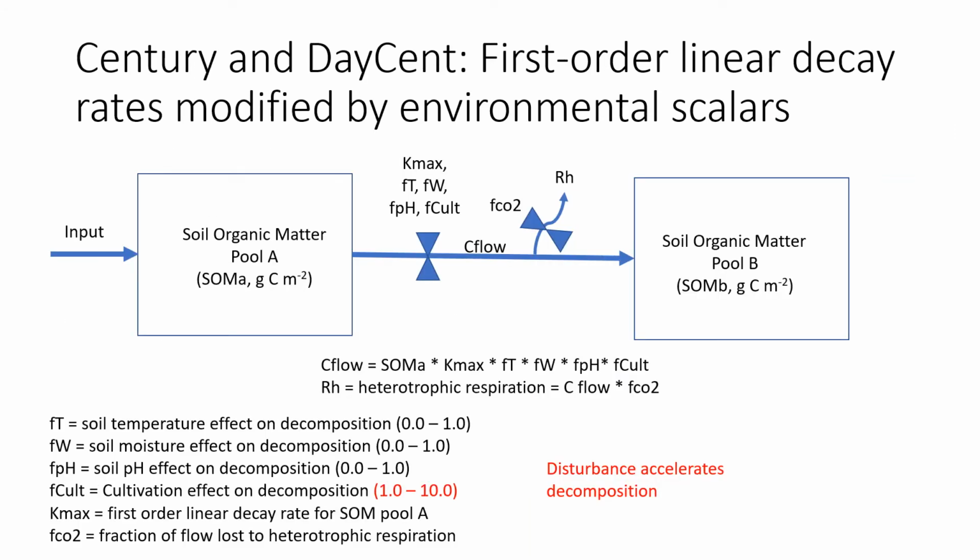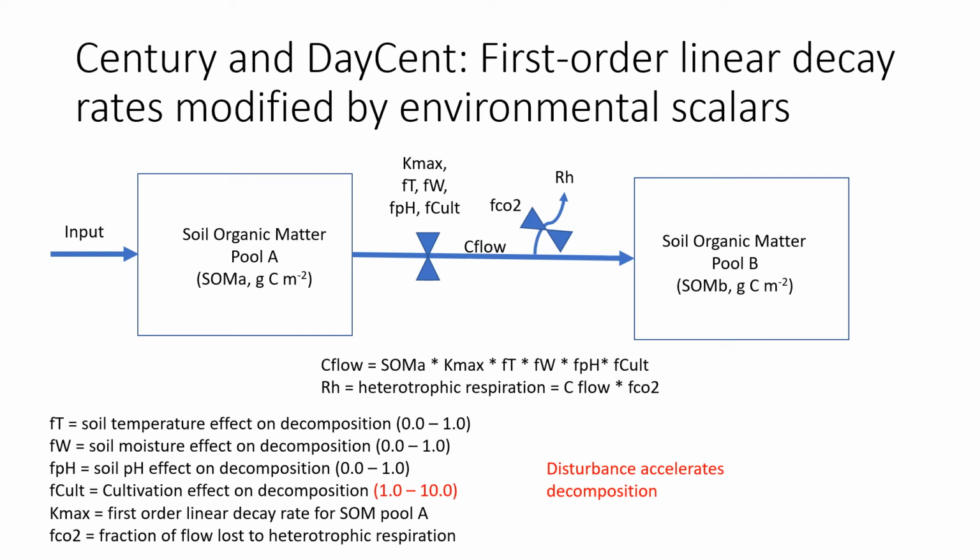So back to our first order linear decay model, modified by environmental scalars. This is almost exactly what we saw in part 1, except there are a few more details here that are more specific to the Century model. So we have one pool, soil organic matter pool A, I'm just using a generic name, that decomposes and sends carbon to soil organic matter pool B. There's a transformation.